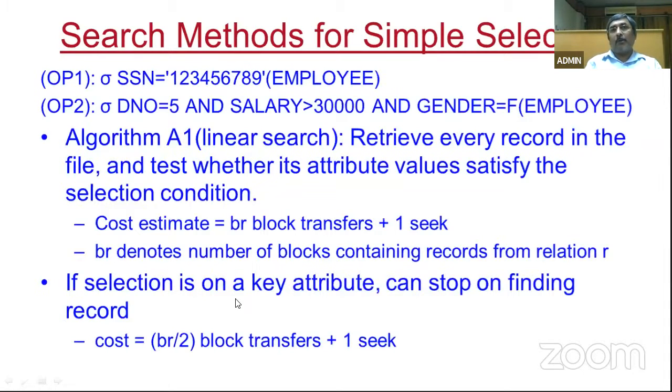Why should I go? Because I have got it. And it's a primary key, it cannot be repeated. So there is no point in going there. So at the minimum, I need to transfer one block. At the maximum, I need to transfer all blocks. So on the average, I need to transfer half the blocks. That's the basic philosophy.